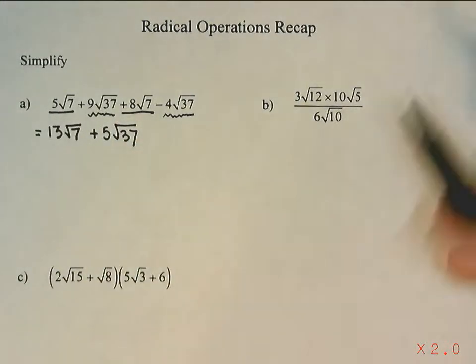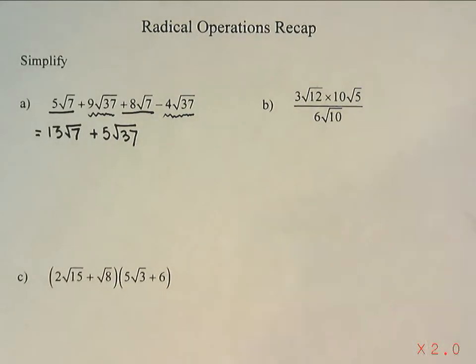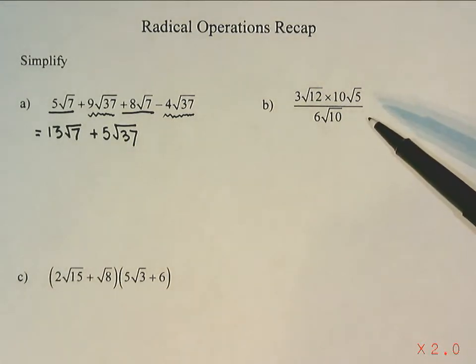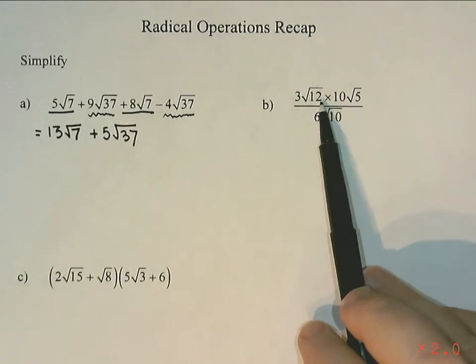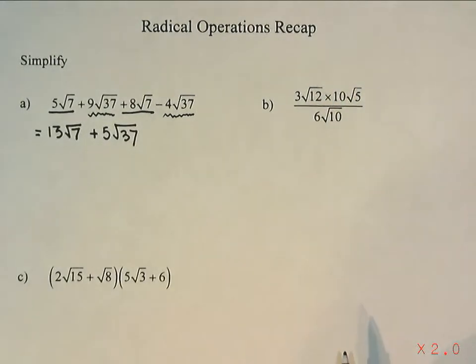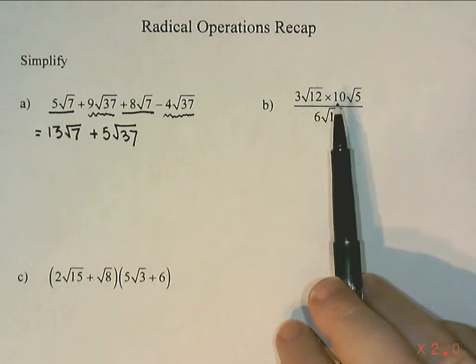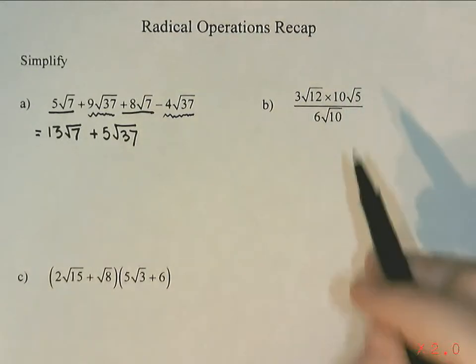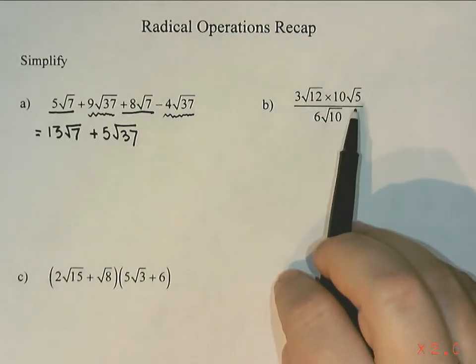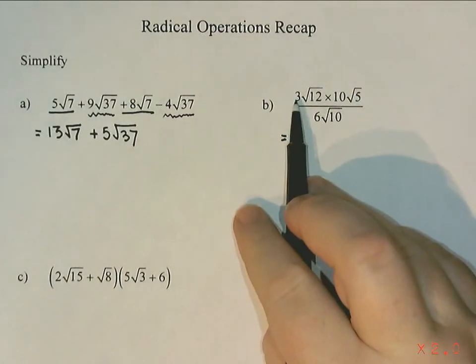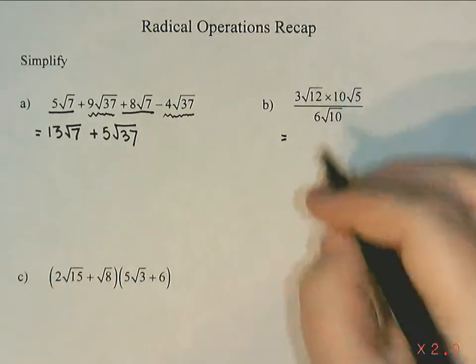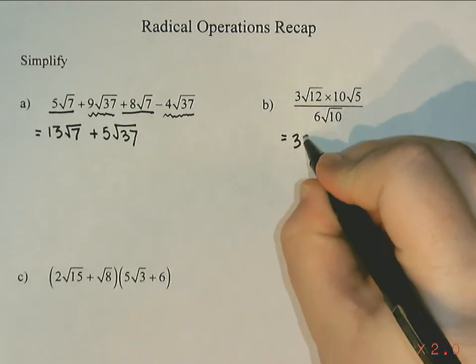The next question has some multiplication and division, and as we discussed before, when we're multiplying and dividing roots, we multiply and divide the coefficients, and then we multiply and divide the numbers underneath the square root sign. So we're going to start with the numerator, and I'm going to start by multiplying 3 root 12 by 10 root 5. So first we're going to multiply the coefficients, so 3 times 10 is 30.